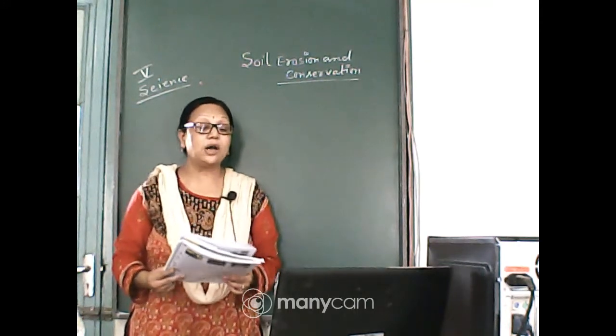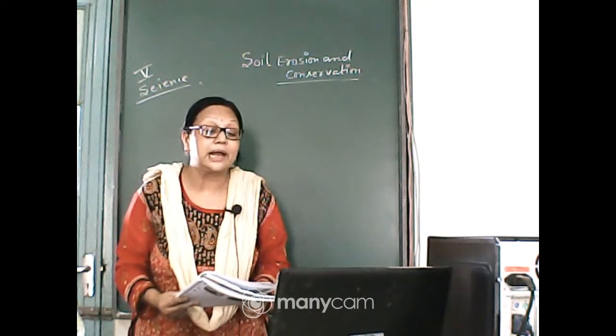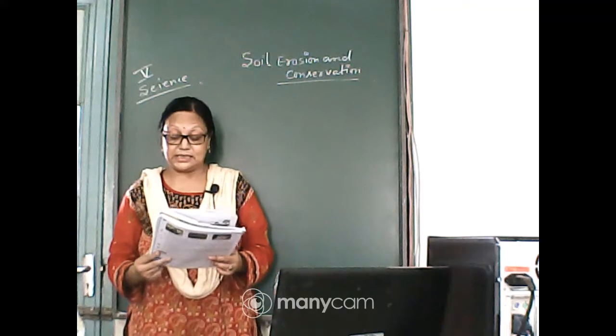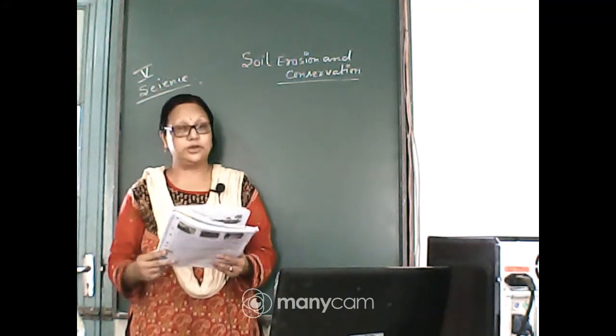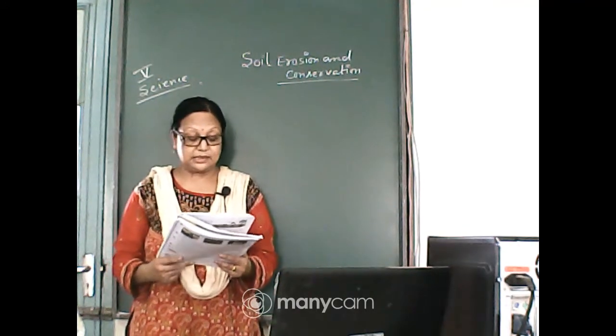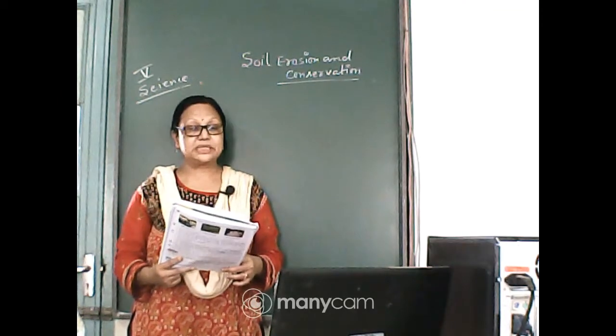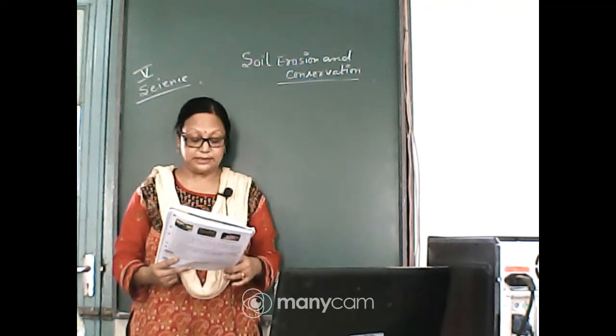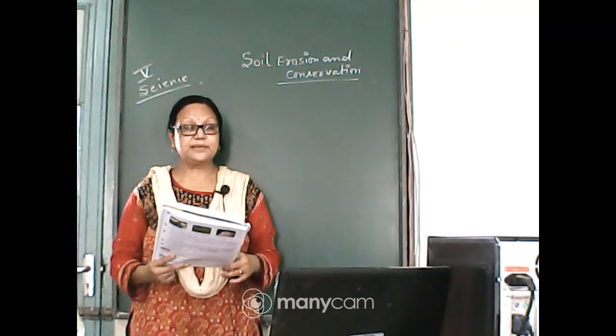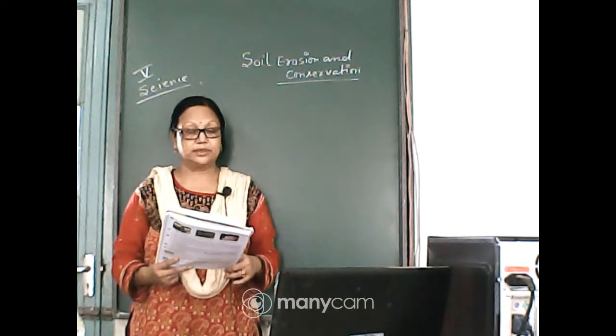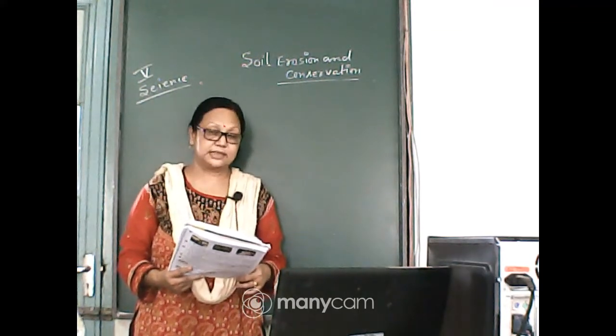So I have given all the answers, but you just write the answers in your book, or just tick those correct answers. Now there are some statements where we have to write true or false. First statement: we do not depend on the soil, so it is a false statement.